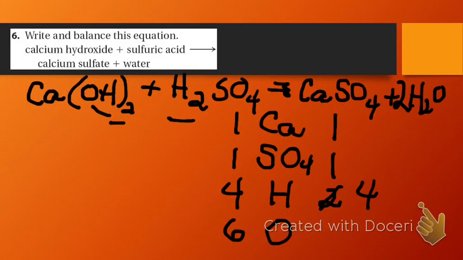I have 4 in my calcium sulfate, and this coefficient applies to that oxygen. So 2 more in the water. 4 plus 2 is 6. Okay, my equation is now balanced. I'm checking through to see if I can reduce the coefficients, make sure they're in the lowest whole number ratio, and they are. So I'm all done.